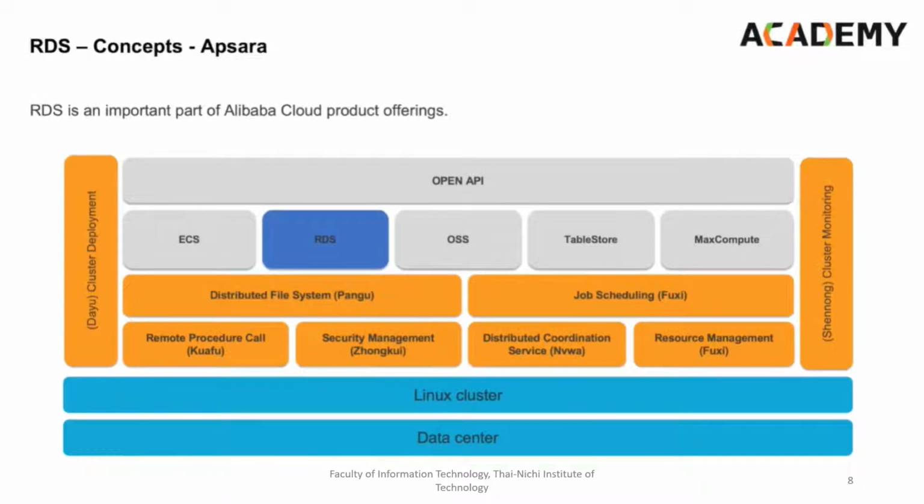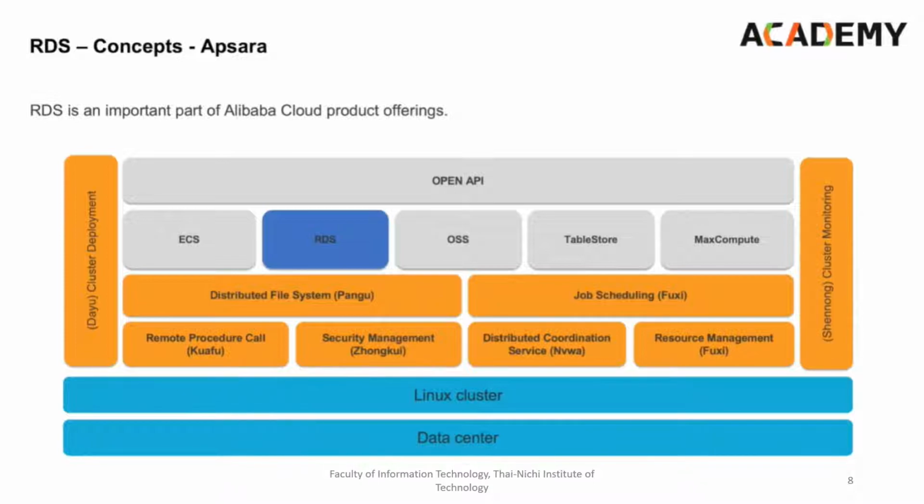Now we are going to see the relational database service concepts present in the Apsara server. In the Apsara server in the data center, we have a Linux cluster. On top of that we have various services like Fuxi, Kuafu, Zhongkui and Nuwa. On top of that we have the distributed file system, which we call Pangu, and the job scheduling is Fuxi.